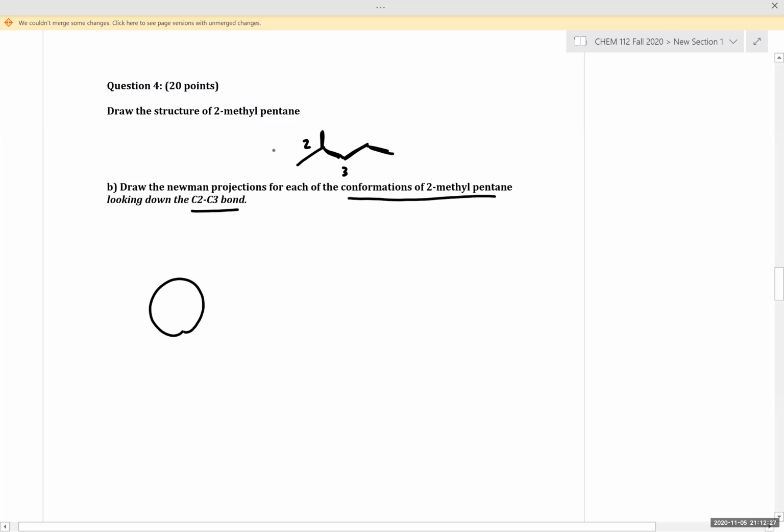So looking down the C2-C3 bond, we have our 2 methyl groups.